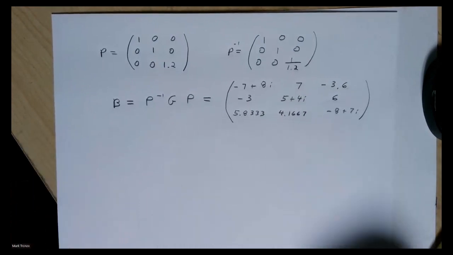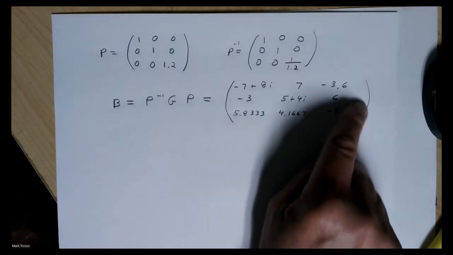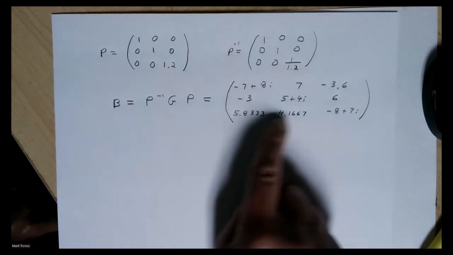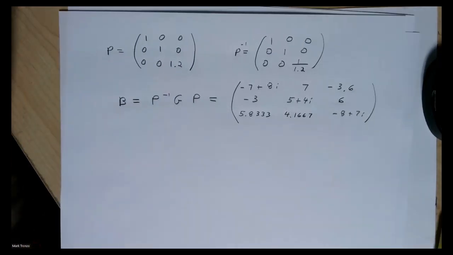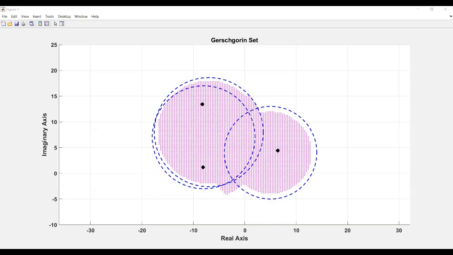Now what I'm going to do is find the Gershgorin set, the Gershgorin disks for this matrix. The purple represents the intersection of the Gershgorin disk for the original matrix and for the transpose of the original matrix.